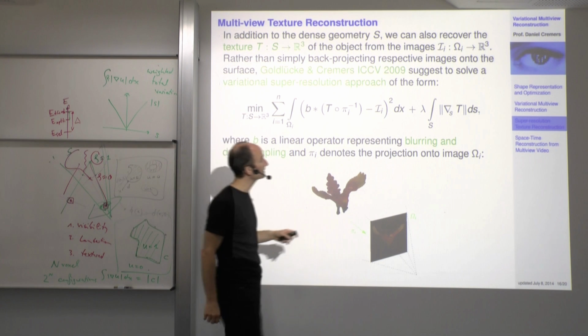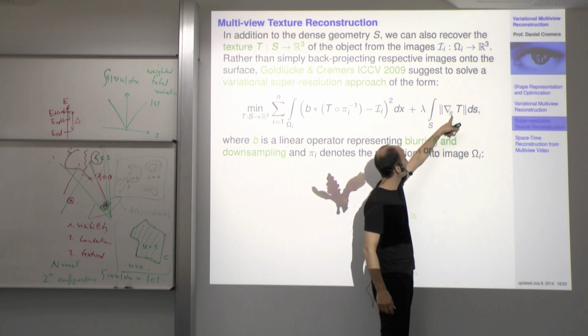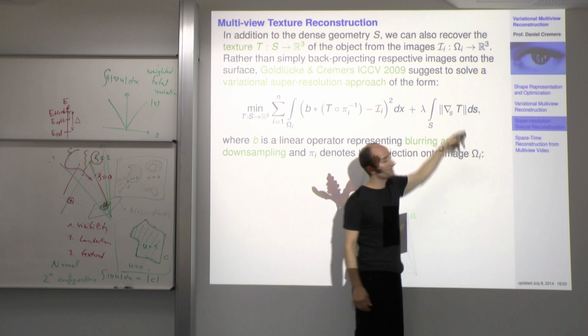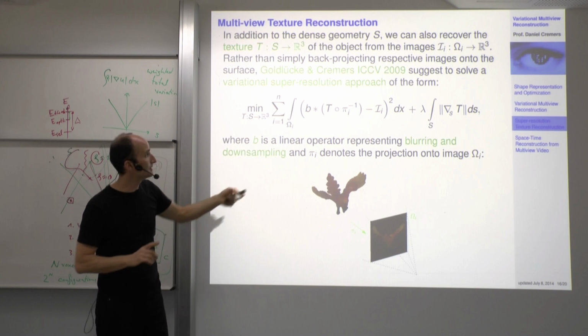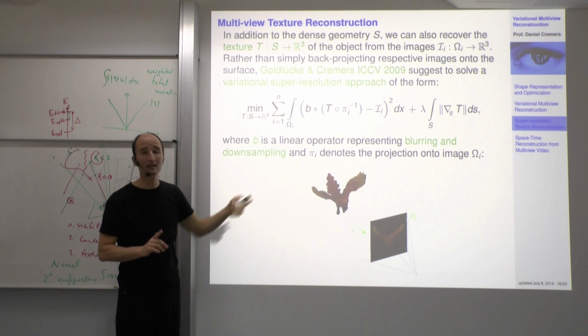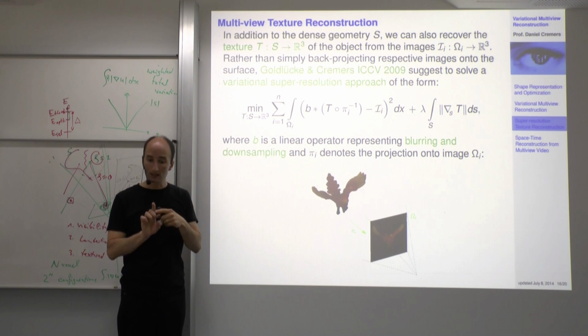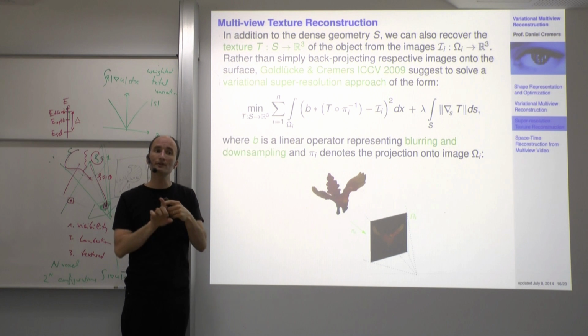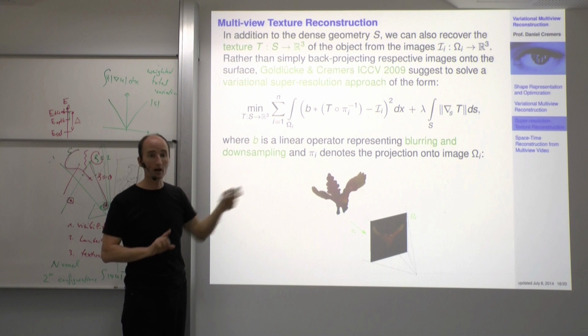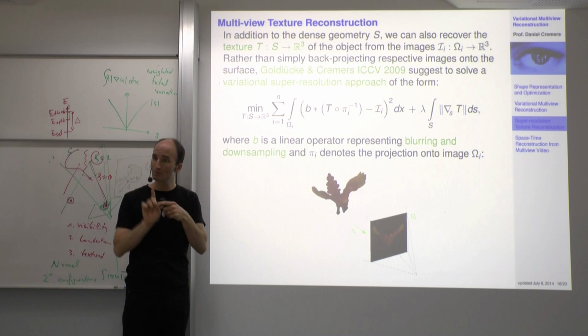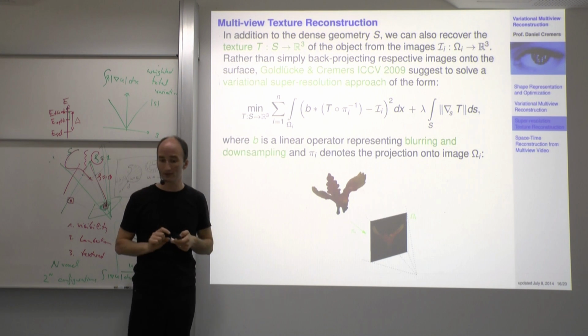By the way, one little detail, of course this is the total variation, but you see a little s here. This nabla s is defined as the gradient on the surface, meaning if I move along the surface, then I check how the color changes, not in the ambient Euclidean space, but when moving along the surface.